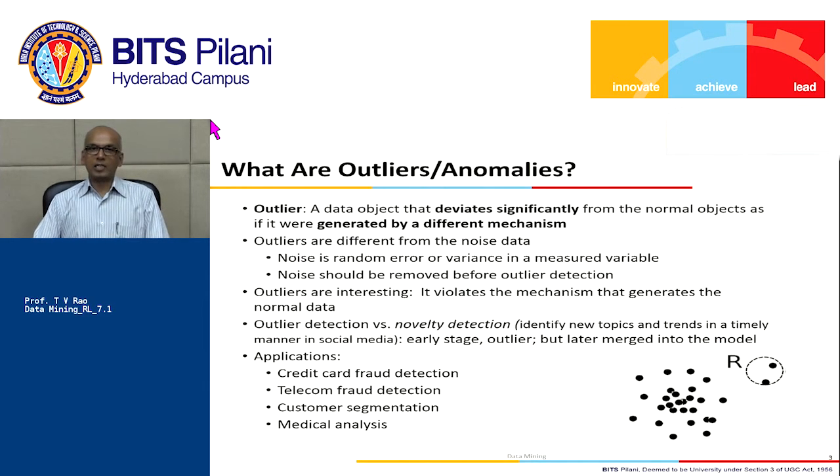So, first, let's define an outlier. It is a data object that is deviating significantly from the normal object. This is important. It is not representing a variation, but it is representing a significant deviation. And it is also necessary to understand that most of the data that we receive can have some noise, and outliers are not noise.